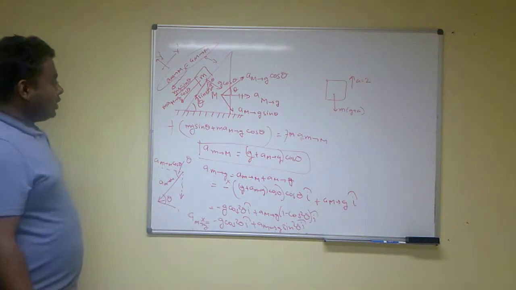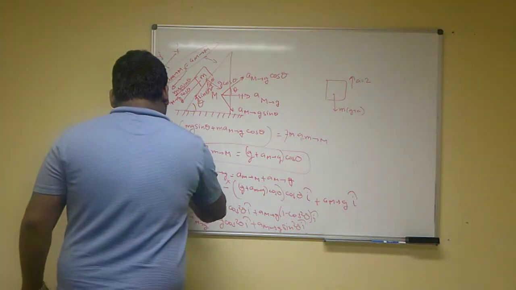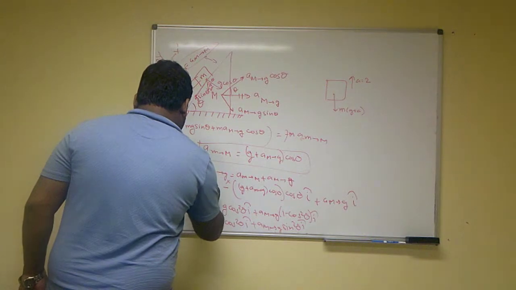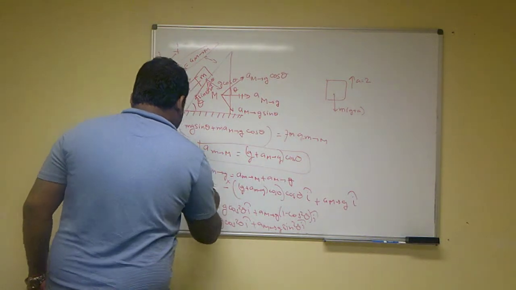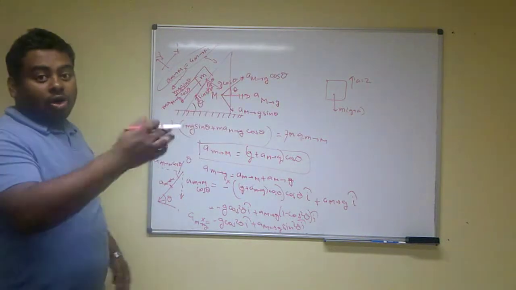Similarly, in the y direction, since this is the total acceleration, this is going to be a small m with respect to m cos theta, but then am with respect to g is all in I cap.